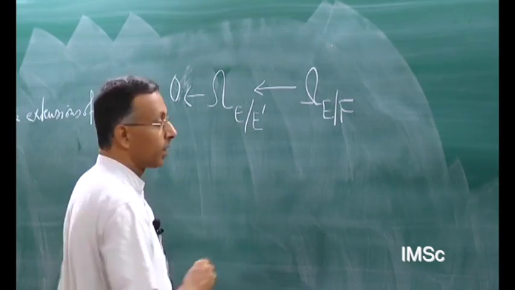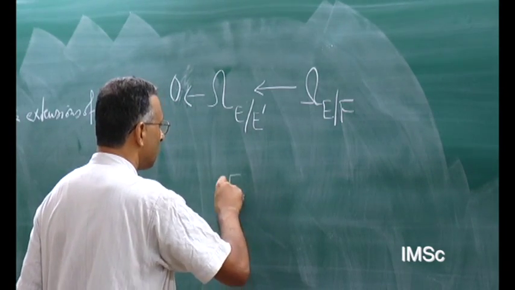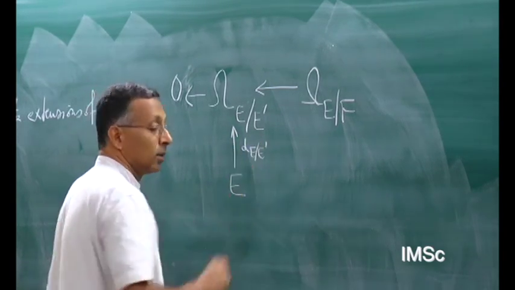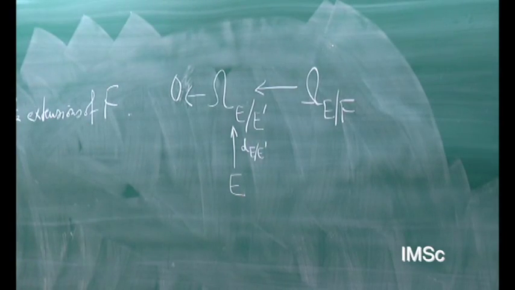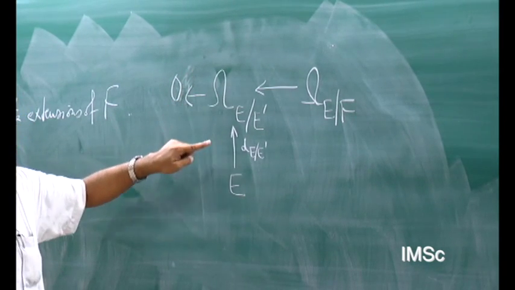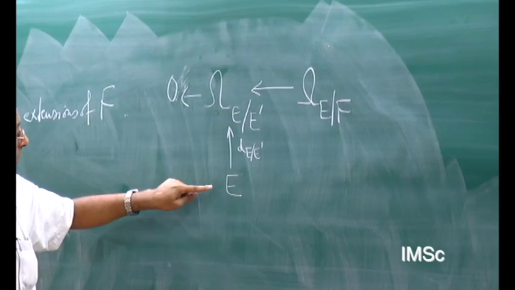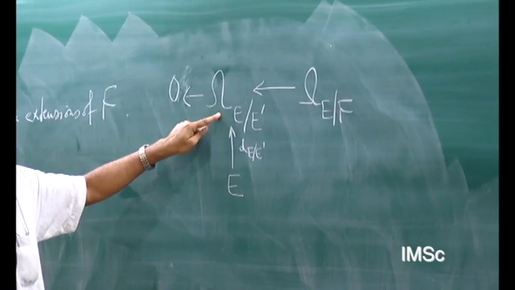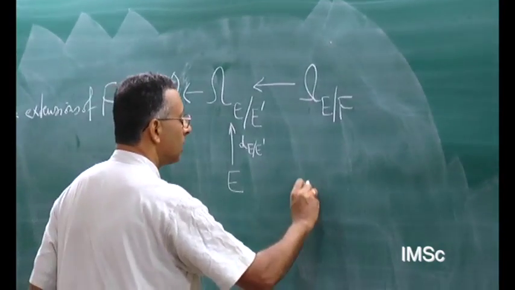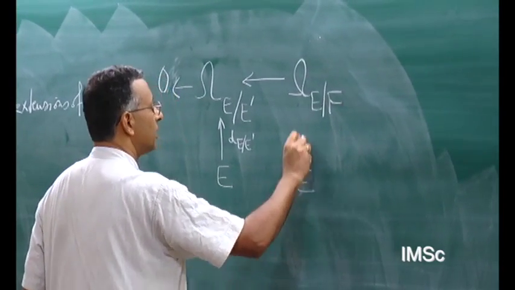There is a natural map like that. Why? Because by the universal property of this, there is in fact an E prime derivation from here to here.